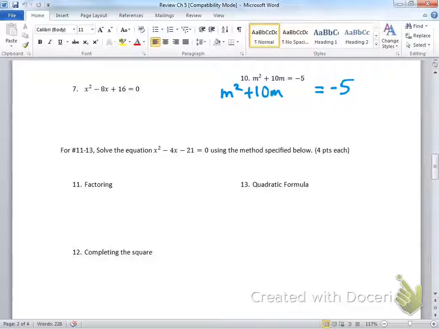So dividing b by 2 would be 5, and 5 squared is 25. So you have to add 25 to both sides of your equal sign. When you do that, we can write the left side as m plus 5 squared, and the right side as 20.